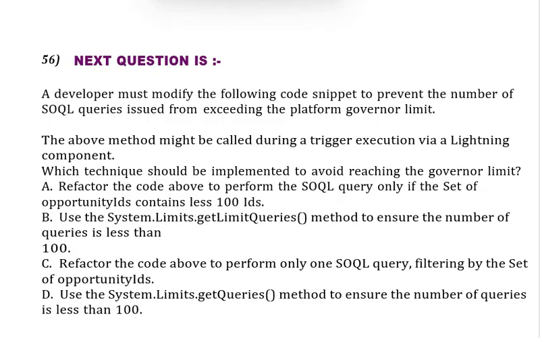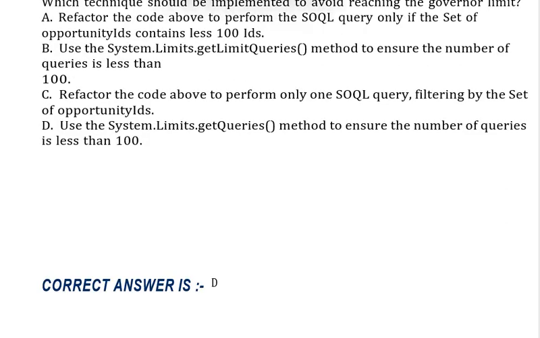Option C, refactor the code above to perform only one SOQL query, filtering by the set of opportunity IDs. Option D, use the System.Limits.getQueries method to ensure the number of queries is less than 100. Correct answer is option D.